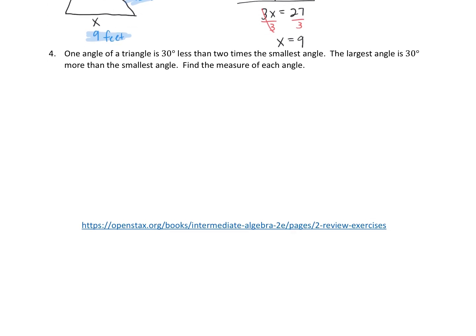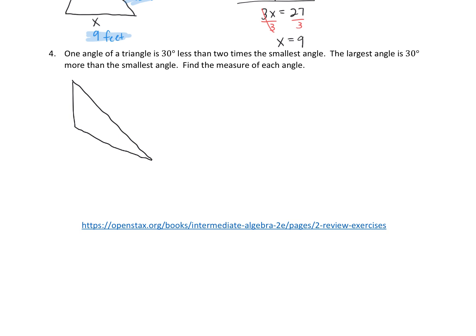All right, I think we have one more example, number 4. So one angle of a triangle is 30 degrees less than 2 times the smallest angle. The largest angle is 30 degrees more than the smallest angle. Find the measure of each angle. Okay, so first thing, we're going to just draw a triangle here. All 3 angles add up to 180 degrees.